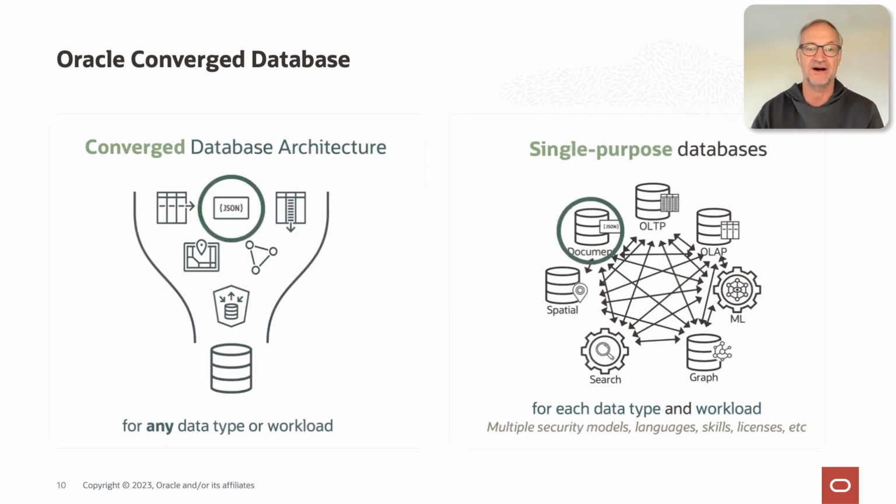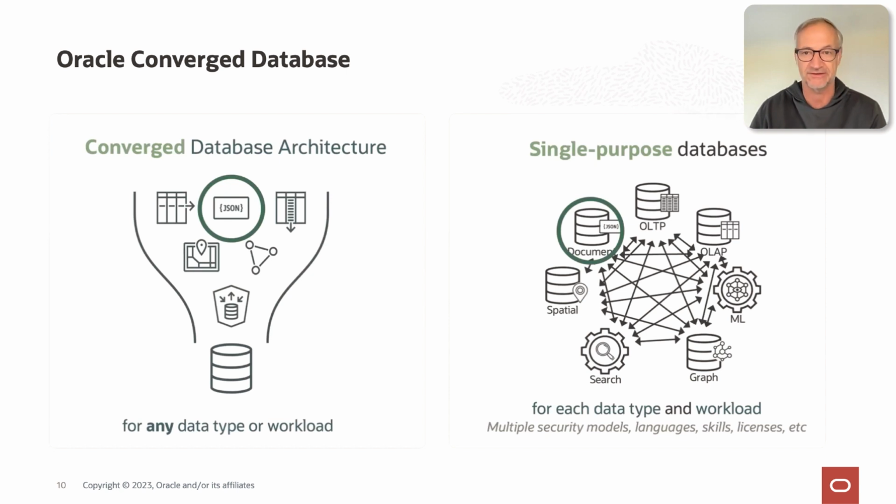When we talk about JSON specifically, for us, JSON is just another database type, just another way of interacting and working with the data within the Oracle ecosystem, as compared to a single-purpose database that was built for one thing and one thing only.